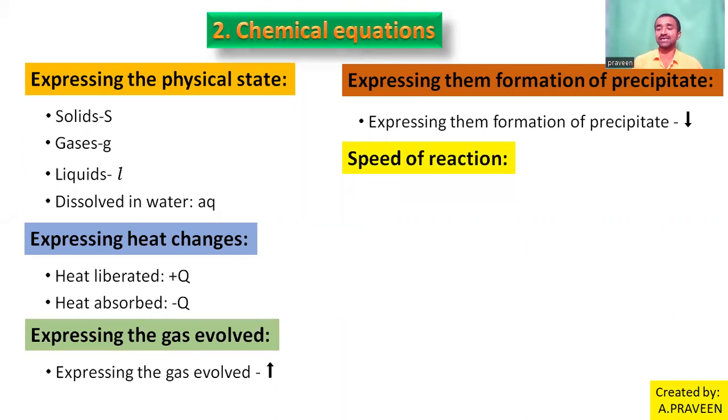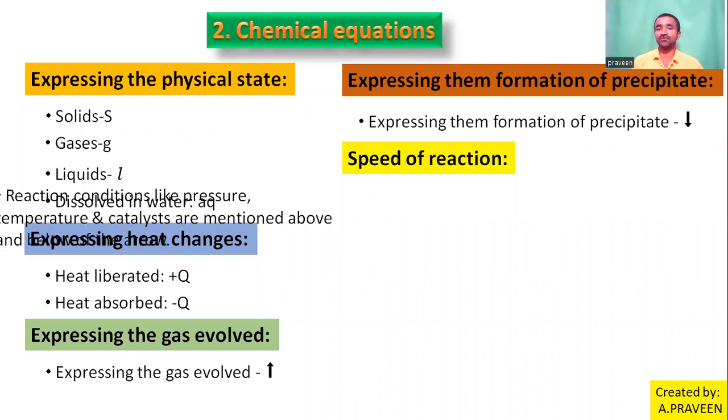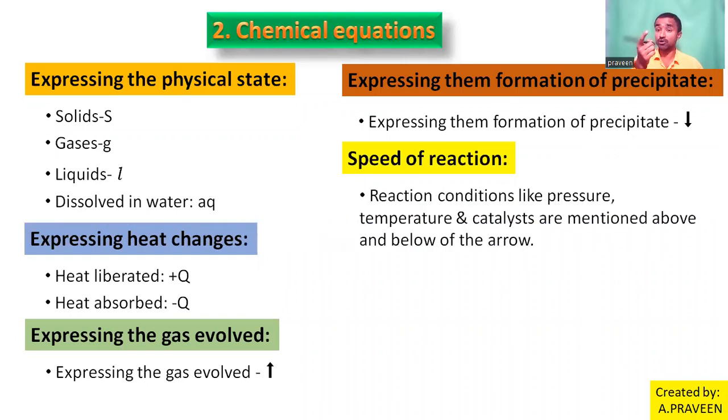That we call a catalyst. We can represent temperature, pressure, or extra reactants added as catalyst above or below the arrow.